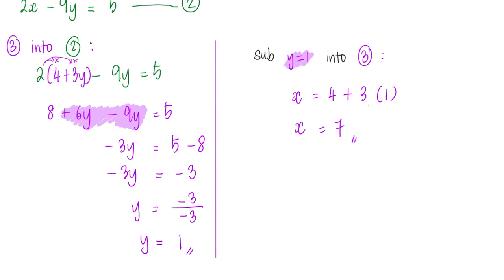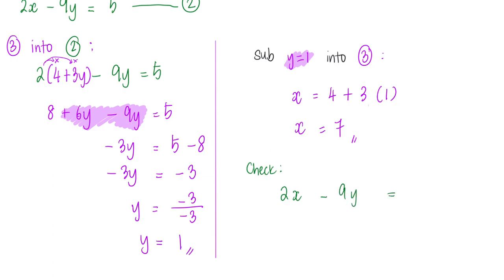Let's do a quick check. We just need to substitute this into either equation 1 or equation 2. I'm going to substitute into equation 2, where I have 2x minus 9y.